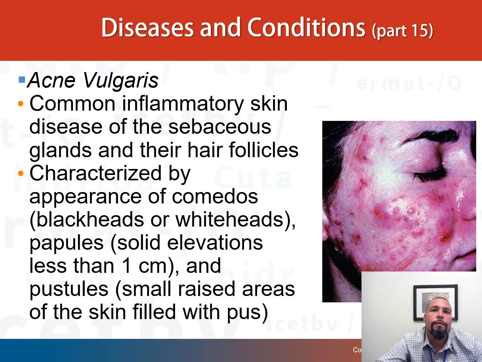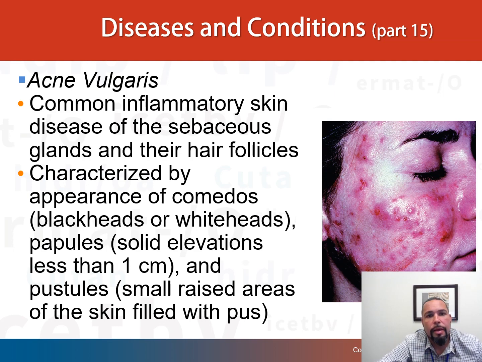Continuing forward with some more conditions and diseases, we have acne vulgaris. This is a very common inflammatory skin disease, and it affects the subcutaneous glands and their hair follicles. The most common area is going to be the skin of the face.